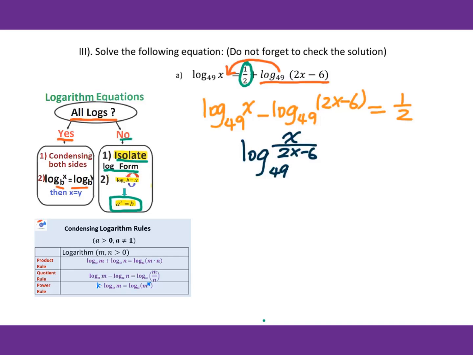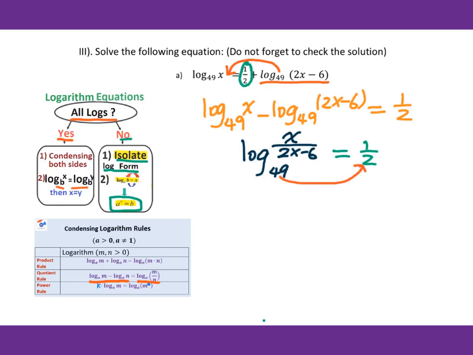While you condense the log, here's the formula. Subtraction of the log, you do the division of arguments. So we do x over 2x minus 6 equals 1 over 2. Then you need to change this log into exponential form.